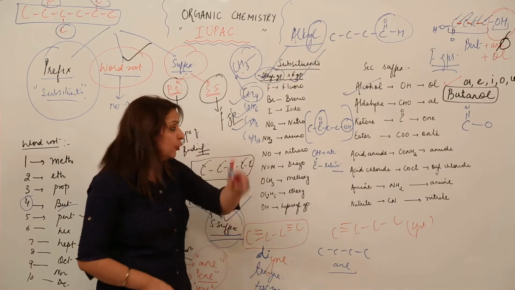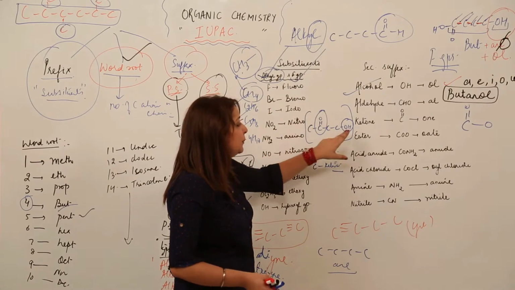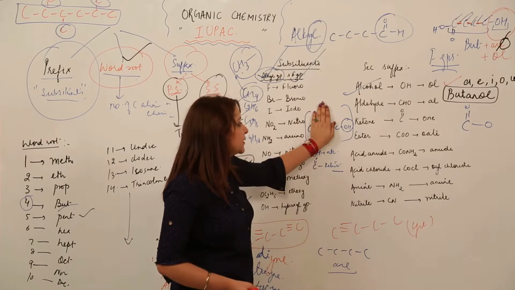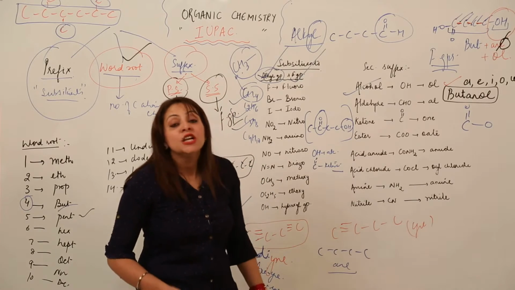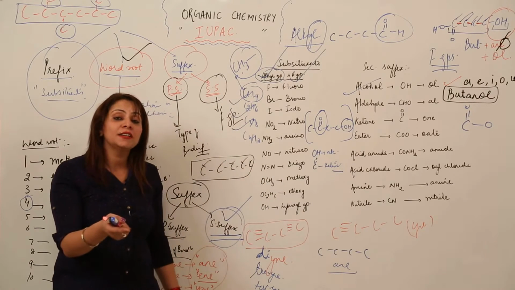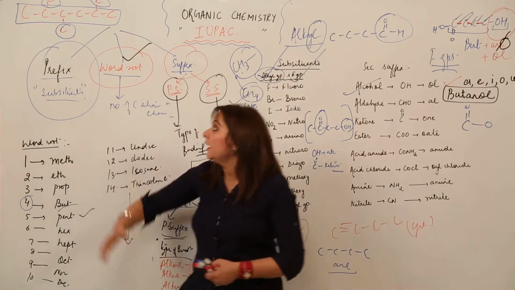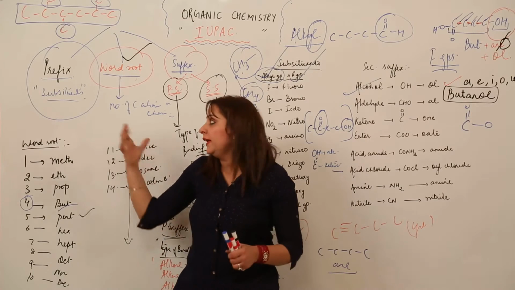For example, in this, the ketonic group is actually preferred over the hydroxyl group. So we are going to use the ketonic group as the suffix, and this OH is going to act as a substituent, right? So we'll be using this OH under the prefix. So this is how we write the name of the compound.